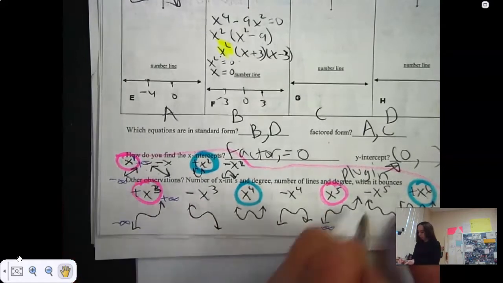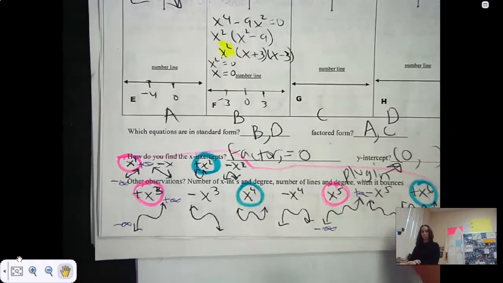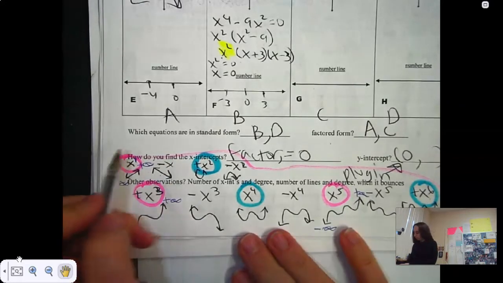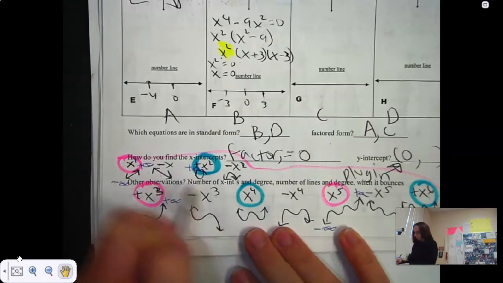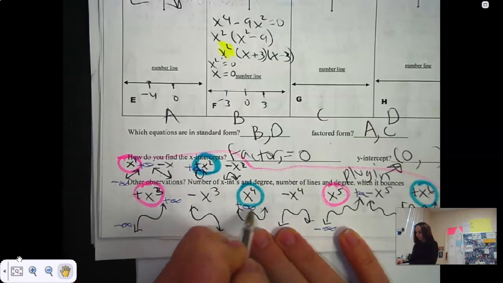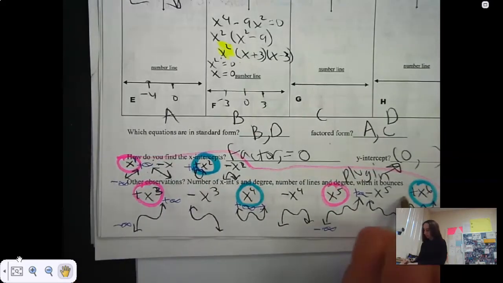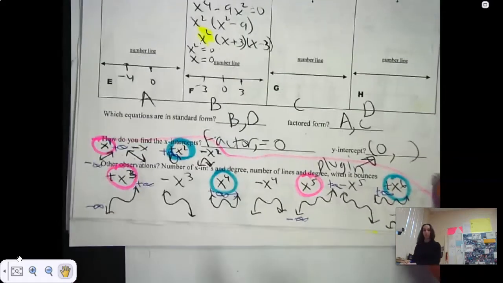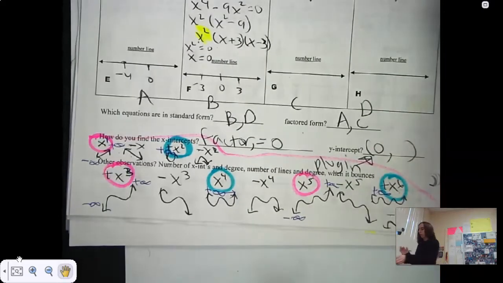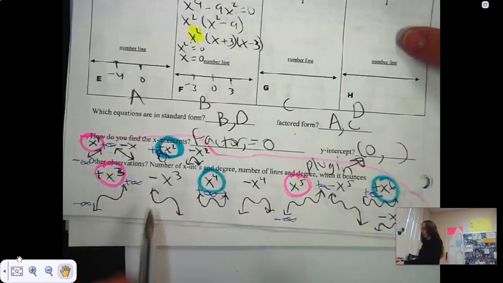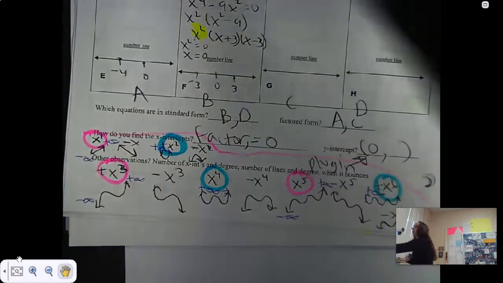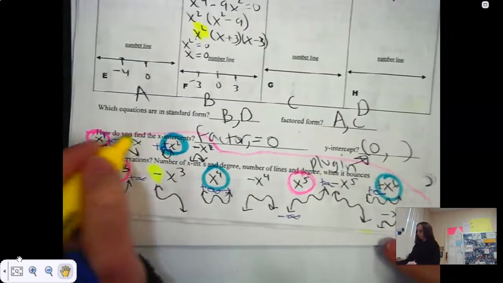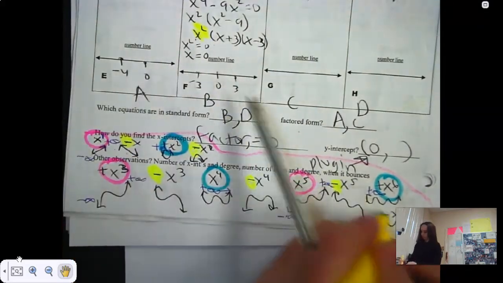If it's even, they're both up, positive infinity. So what is that telling us? And if it is negative, that means it's the opposite.